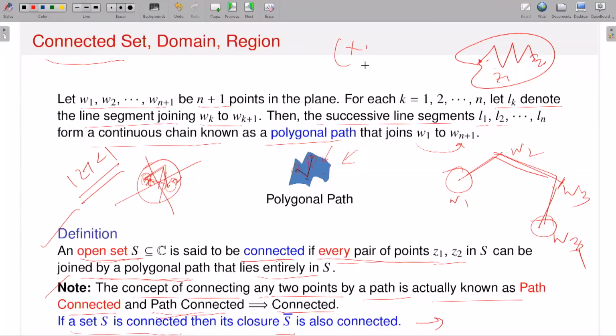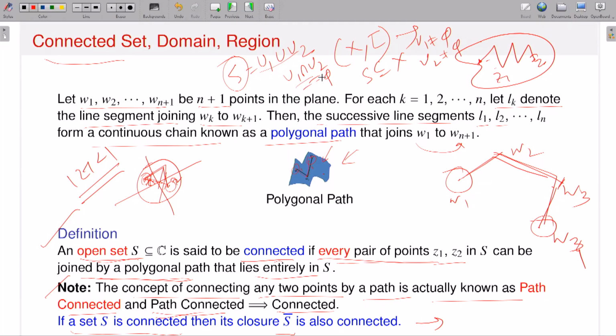Suppose X is my topological space, and A is a subset of X which is connected. That means I cannot write my set S as a union of two non-empty disjoint open sets, U1 union U2, such that U1 intersection U2 is empty, phi.